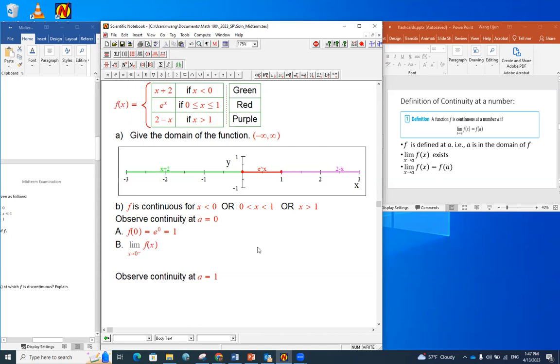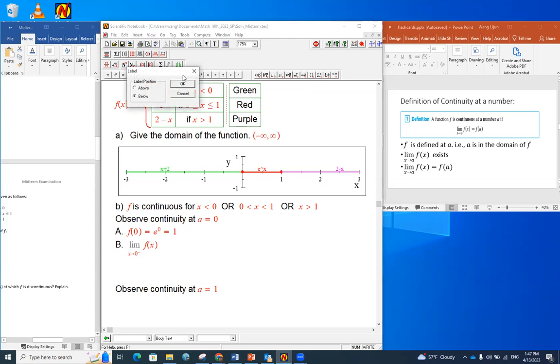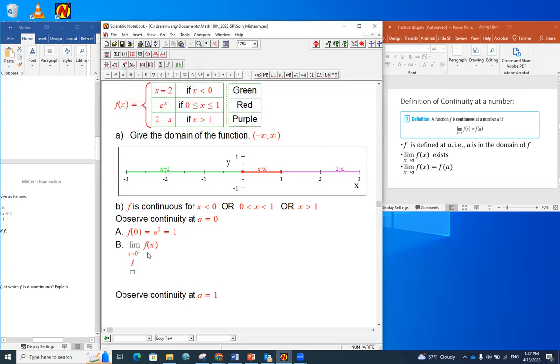And the second one, we're looking at the limit of f of x when x is approaching 0 from larger than 0. So we look at these two, and then of course C, we're going to observe whether they are the same.